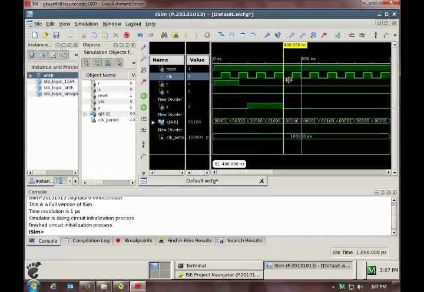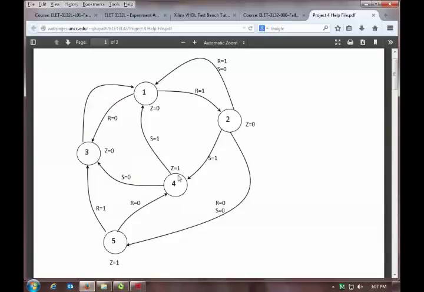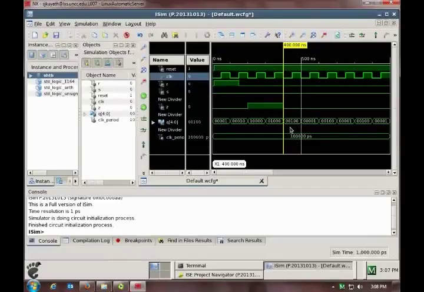Then here I've got a transition on the clock, again a negative transition. R and S are low. So right here, S is low. I should go to state 3 and Z should drop. So I do go to state 3 and Z drops to a 0.